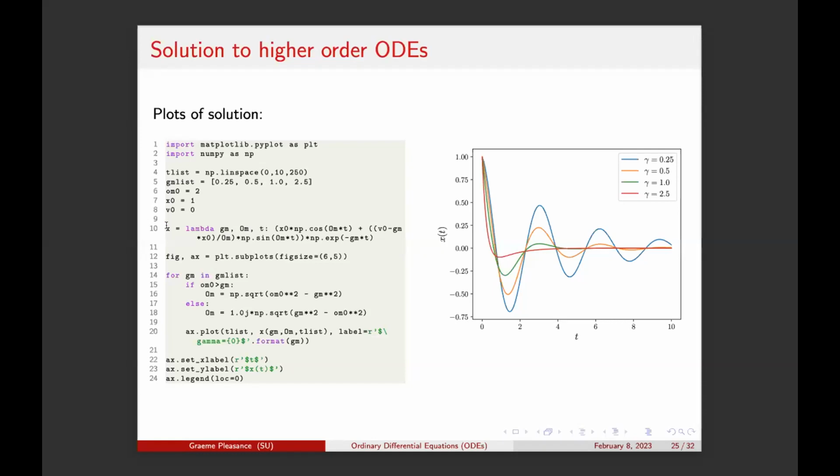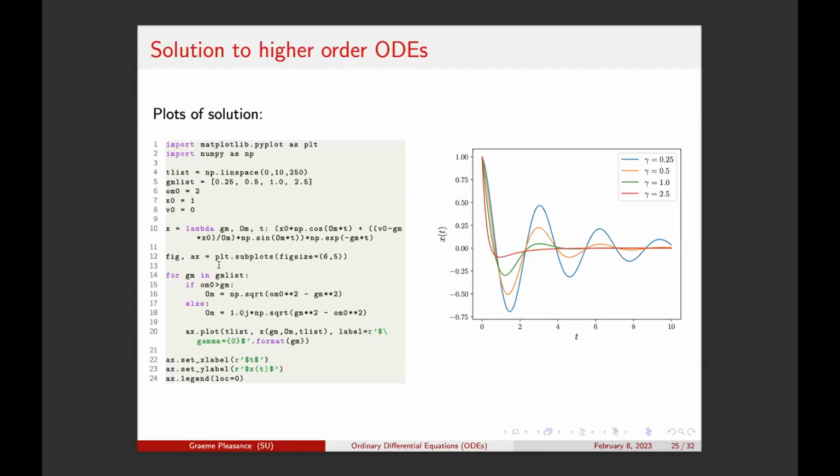And so to plot this, what I also do is define the solution here, x, in Python as a lambda function, which in general depends on this gamma, this capital omega, and this time parameter t. Inside these brackets here, I've just included the solution that I provided on the previous slide.